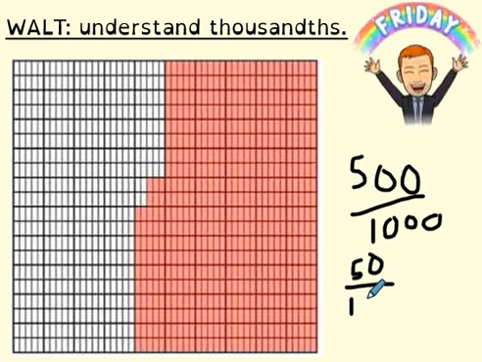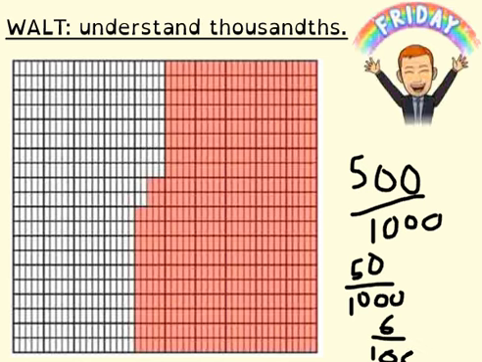And then remaining, I've got 6 thousandths shaded in. I ended up with 3 fractions here: 6 thousandths remaining in the uncompleted square.